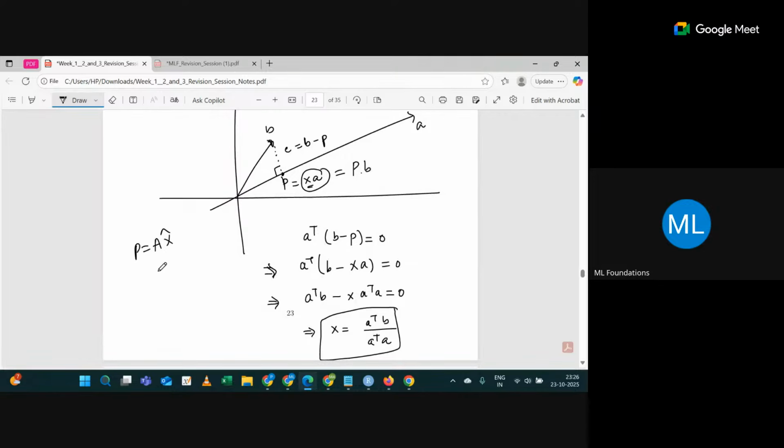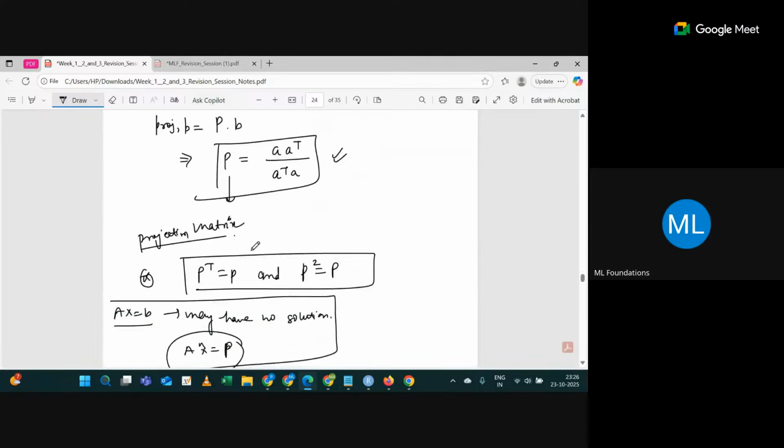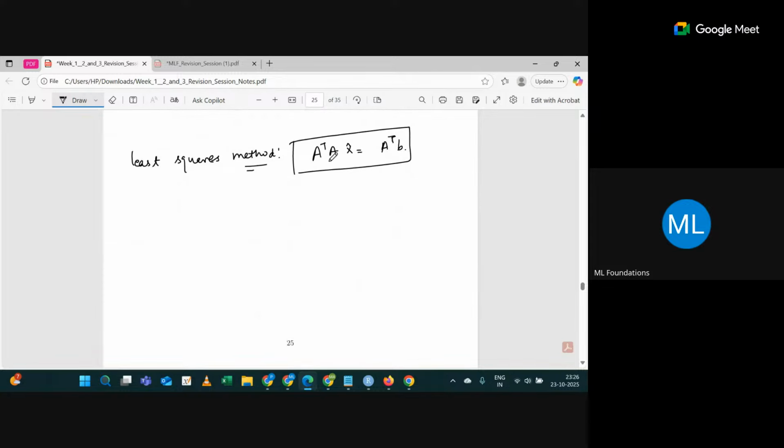Then from here, A transpose into b minus A x hat equal to 0. If you solve this, you get A transpose A x hat equal to A transpose B. So finally, x hat equal to A transpose A inverse A transpose B.